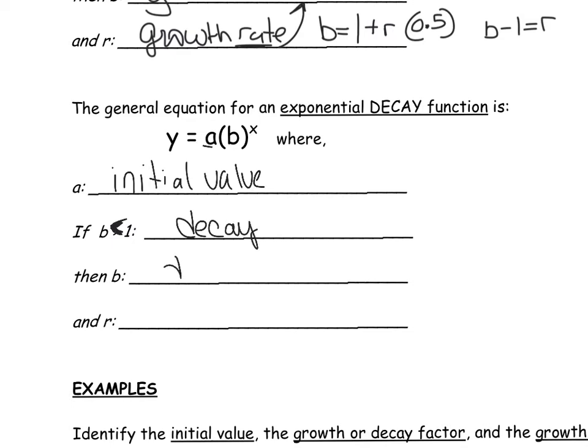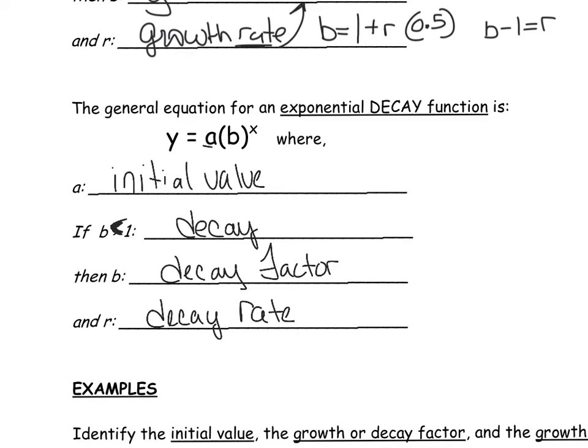And b will be your decay factor, and r is going to be your decay rate.